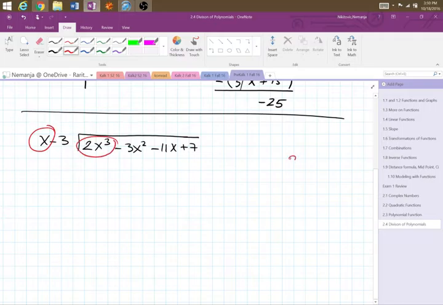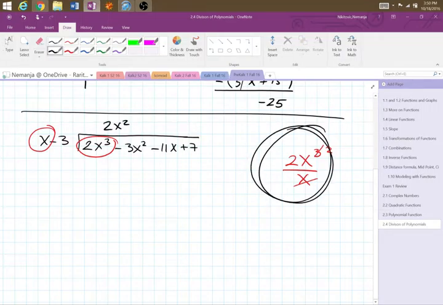So you can literally go from your algebra and divide 2x cubed by x, where x will cancel this and you will have 2x squared. So you can do this algebra piece on the side if you are confused a little bit about what goes as answers.